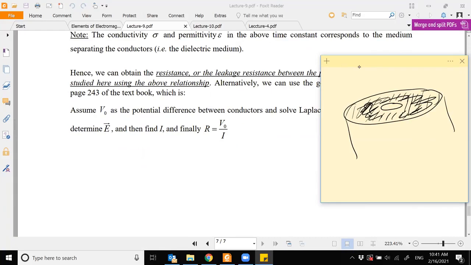In a way, this resistance is forming a path for the current to flow from here to here. See, this is R. If I try to put it in a lumped form, in the form of a lumped component, it is something like this.